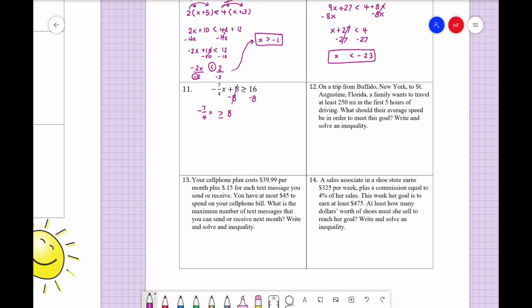So now in order to get rid of a funky looking fraction, we will multiply by the reciprocal. So that would be negative 4/7.